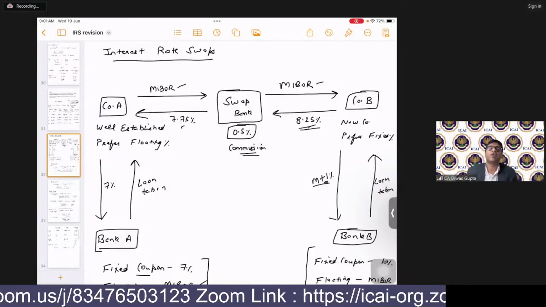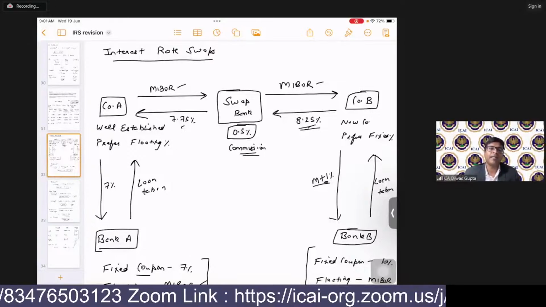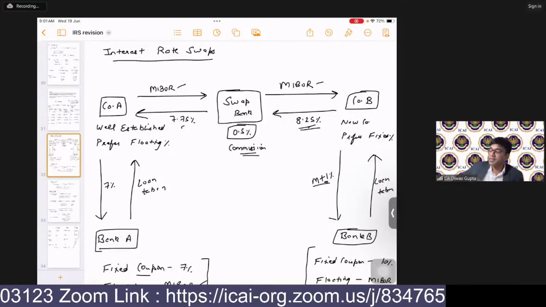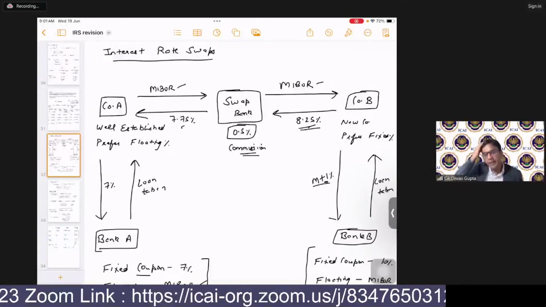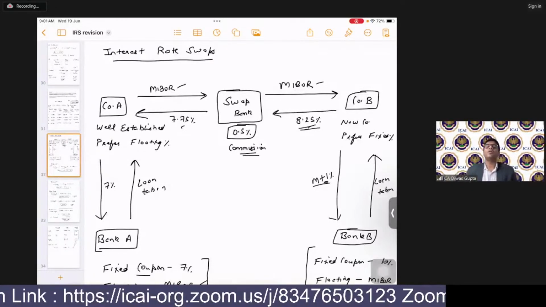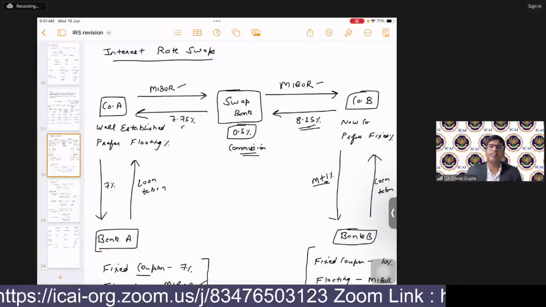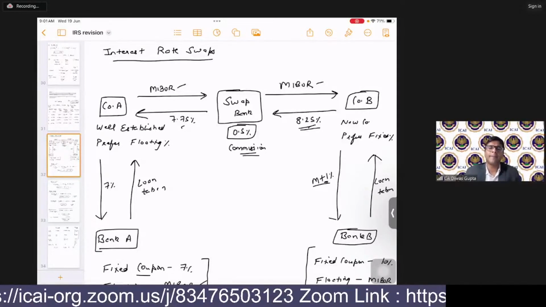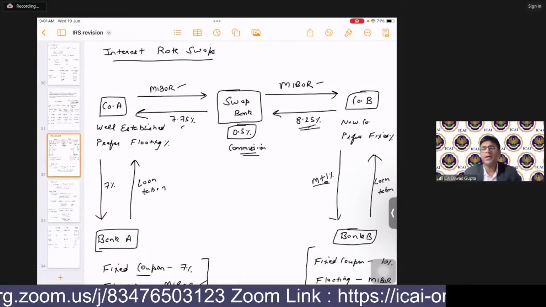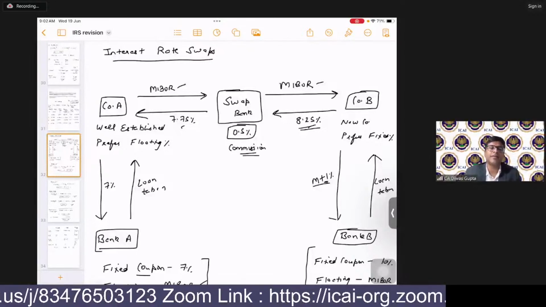For example, if I talk about a company A, which is a well-established company, right? The margins are good. The business is also very much established. It is happening. There is no issue in terms of the overall business. And they have reached a level where they feel that they will be able to take up the risks because their risk taking capacity is higher.